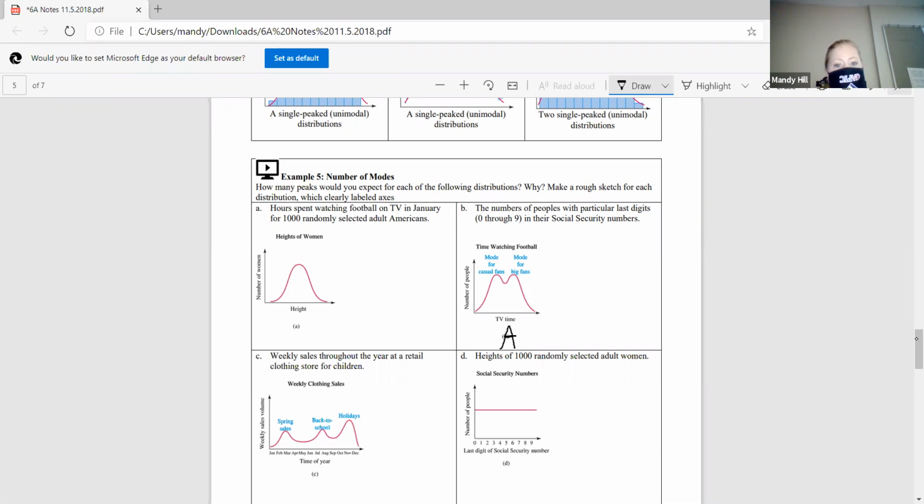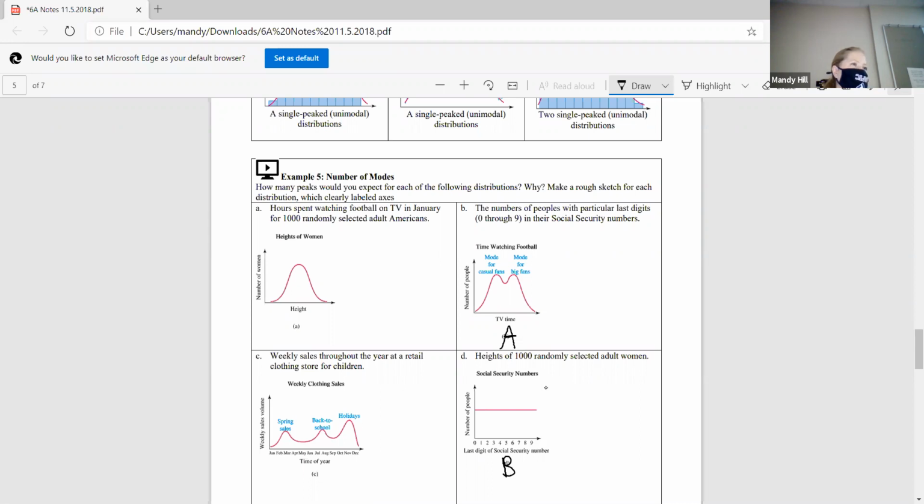The number of people with particular last digits, 0 through 9, in the social security number, which is B down here. This has no mode, because if we had 10 people in this class and asked them what their last digit of their social security number is, chances are they're all different.